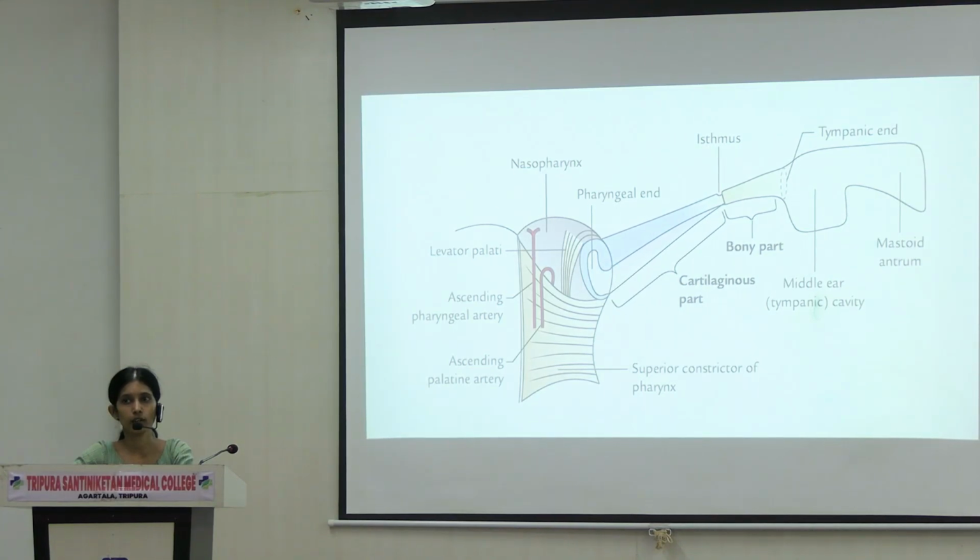So what kind of cells are present here? Do we need ciliated cells or non-ciliated cells in this area? Ciliated cells, right? So we need columnar or cuboidal? Your auditory tube is lined by pseudo-stratified ciliated columnar cells. Okay.